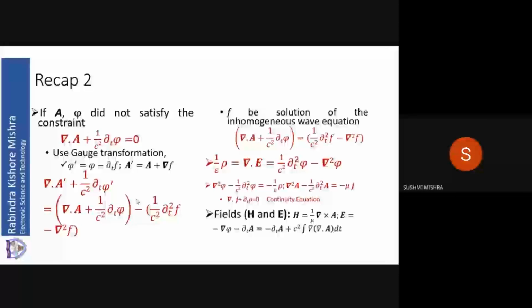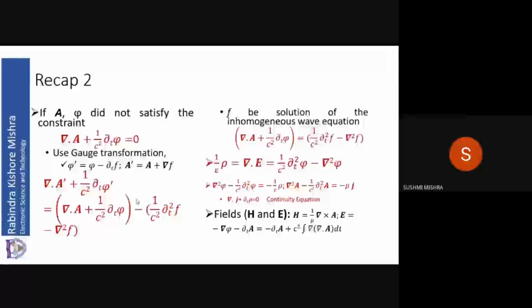Now, f can be a solution of the inhomogeneous equation: del dot A plus 1 by c square dou t phi is equal to 1 by c square dou square f by dou t square minus del square f. Why? Because we have already said that if the Lorentz condition is to be satisfied, then the left hand side is to be 0.